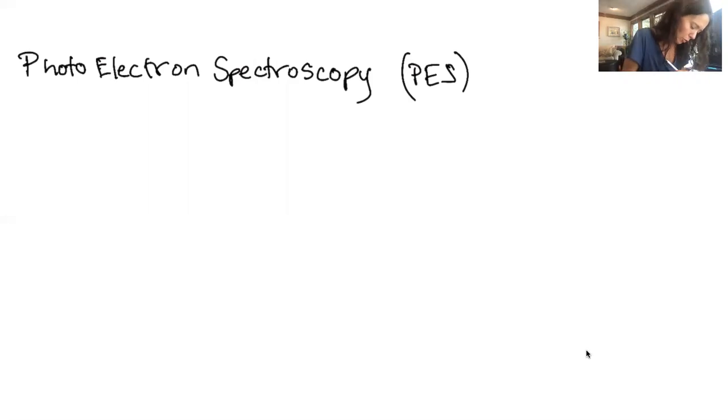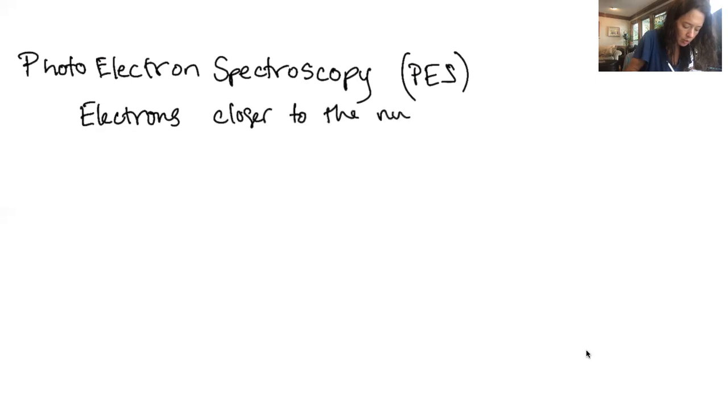Okay, so what you need to realize is that electrons closer to the nucleus have a greater binding energy.